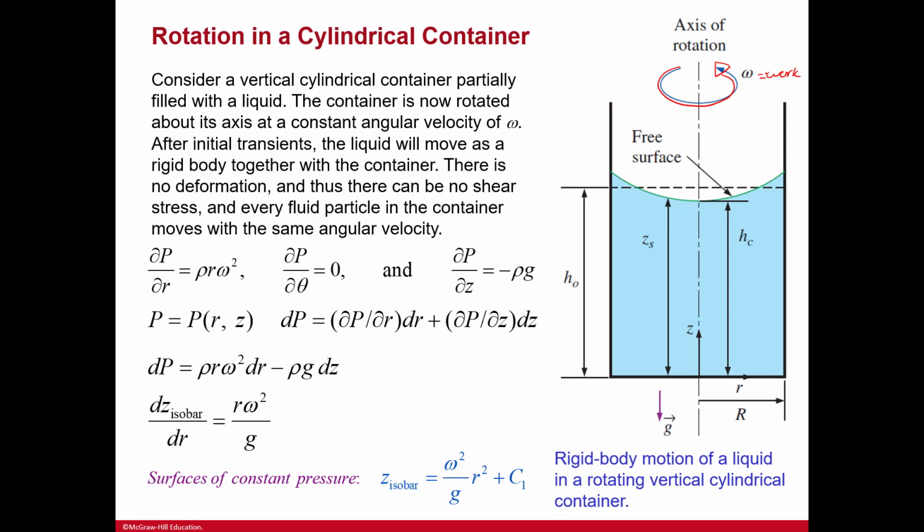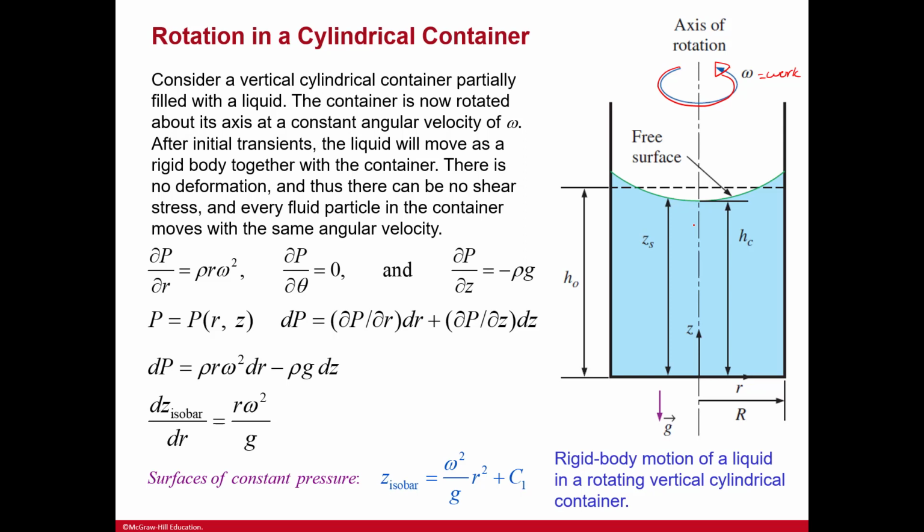The container is now rotated about its axis at a constant angular velocity of omega. After its initial transients, the liquid will move as a rigid body together with the container. So it will eventually move with it. It will kind of catch up to it. There is no deformation, and thus there can be no shear stress, and every fluid particle in the container moves with the same angular velocity.